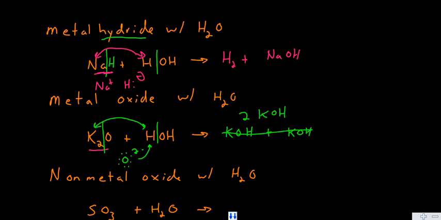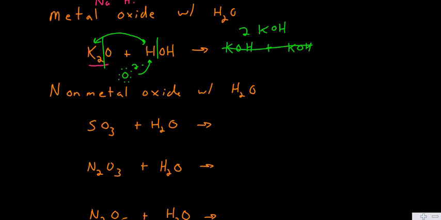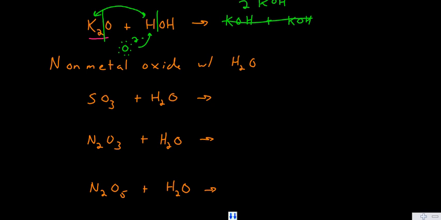Another one, here's a non-metal oxide with water. Non-metal oxides, you don't have ions here, so instead you have molecules. So this is sulfur trioxide. You've got covalent bonds here, which are not so easily broken.